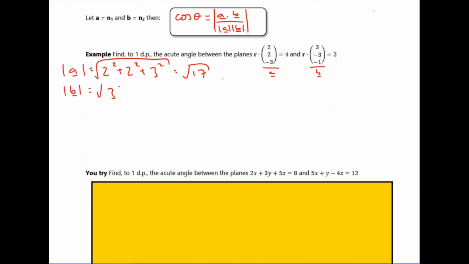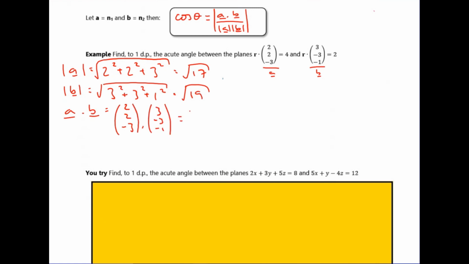Modulus of B is 3 squared plus 3 squared plus 1 squared, root 19. And I need A dot B. 2, minus 3 dotted with 3, minus 3, minus 1 gives you 6 minus 6 plus 3.